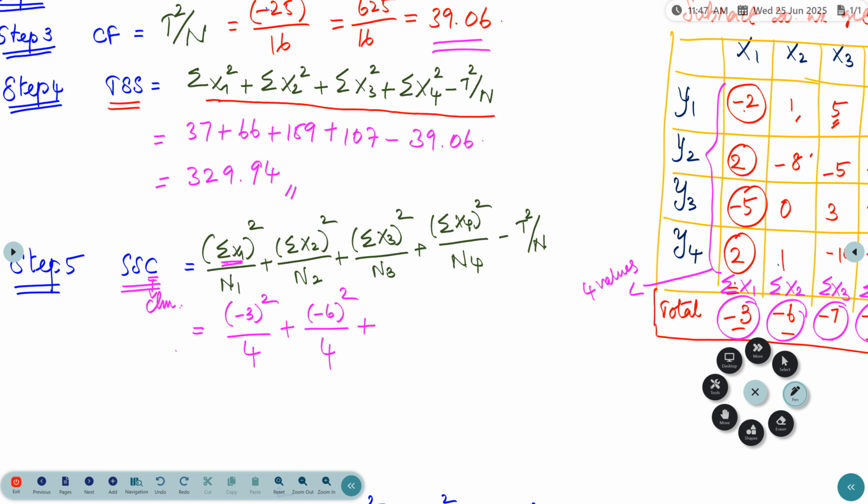In every column you are going to get only 4 values because the given problem is a Latin square, a 4 cross 4 matrix, so the rows and columns are always equal. Then minus 7 the whole square divided by 4 plus minus 9 the whole square divided by 4, minus 39.06. Using a calculator you may get the answer 4.69. This is the sum of squares of column.